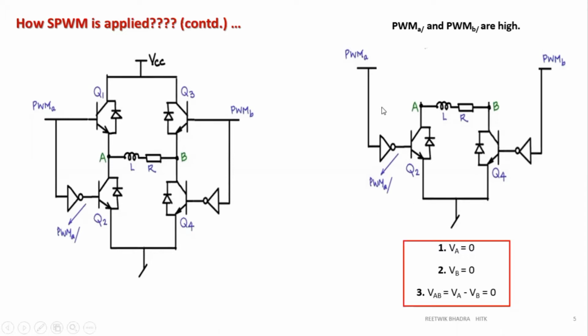So if Q2 and Q4 are on through PWM B bar and PWM A bar, then A is connected to ground through Q2 and B is also connected to ground through Q4. So I can say VA is equal to 0, VB is equal to 0, and we can calculate VAB as VA minus VB, that is 0 minus 0 gives you 0.